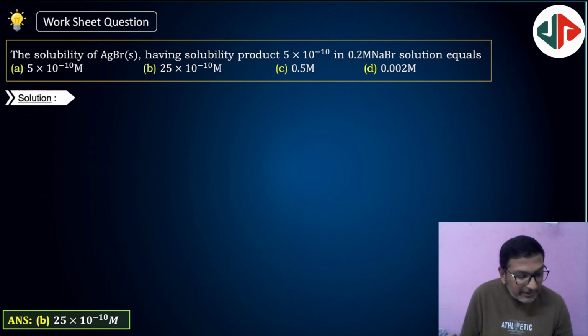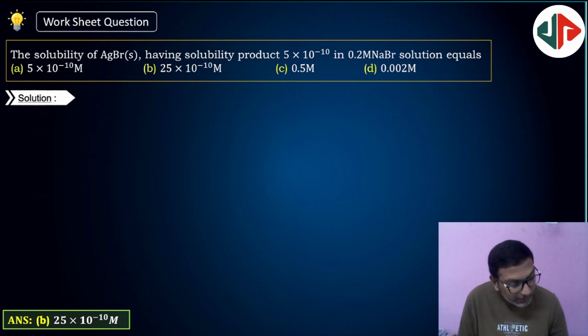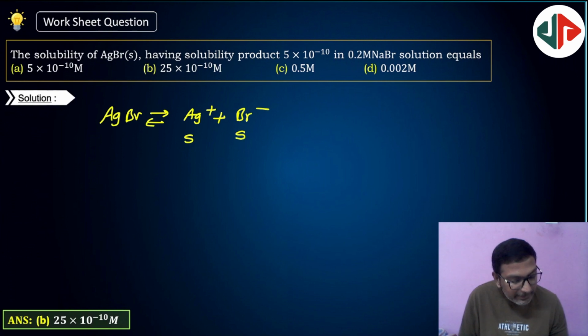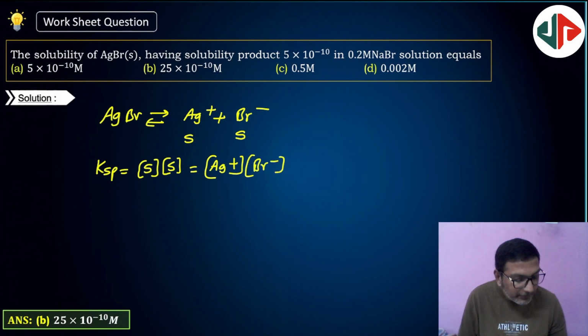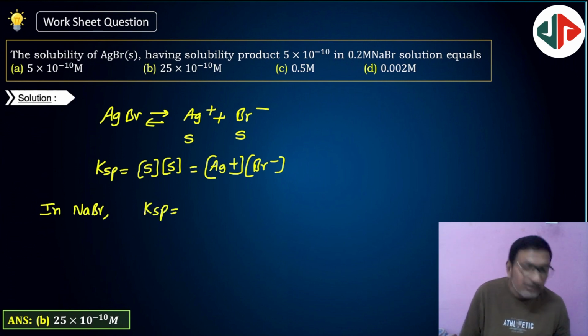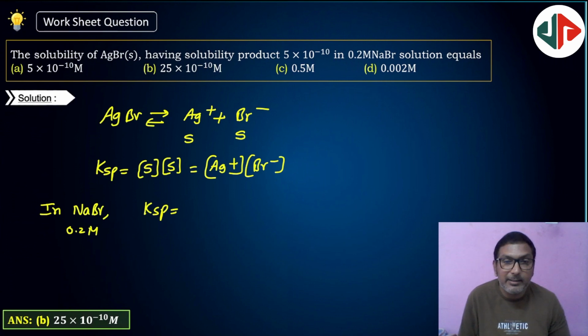Next. Solubility of AgBr, having a given solubility product, in 0.2 molar NaBr. We know AgBr reversible Ag plus and Br minus, say solubility S and S. Ksp equals S into S, that is Ag plus into Br minus. But in NaBr solution, due to addition of 0.2 molar NaBr, Br minus concentration increases.